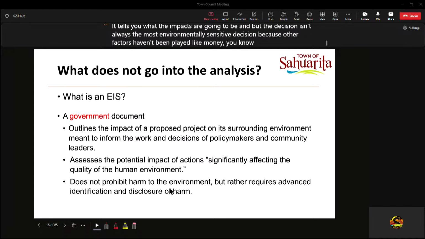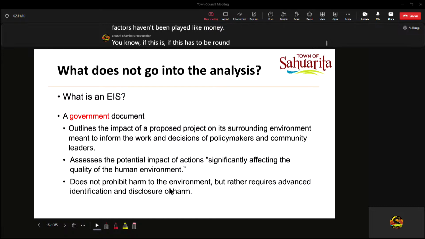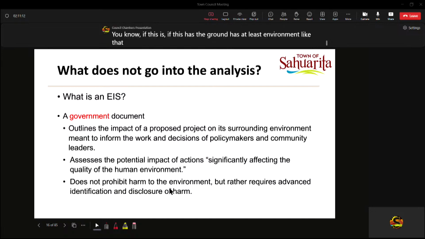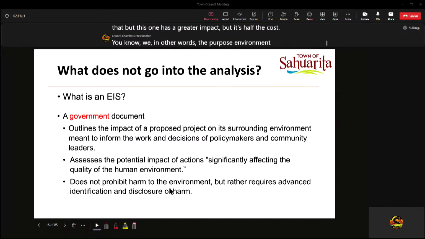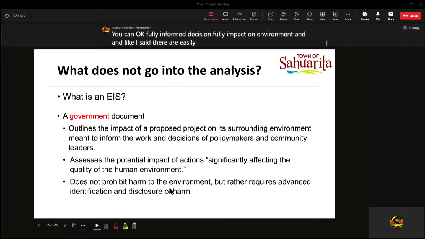If this testing ground has the least environmental impact, but this one has a greater impact, but it's half the cost, in other words, the purpose of the environmental impact statement is to have a fully informed decision, including impact on the environment.